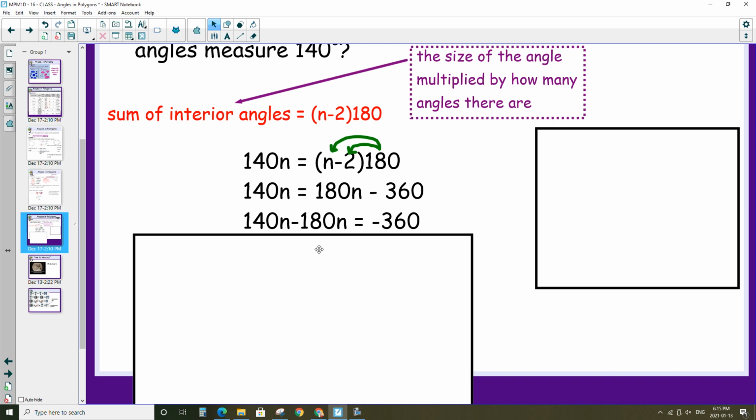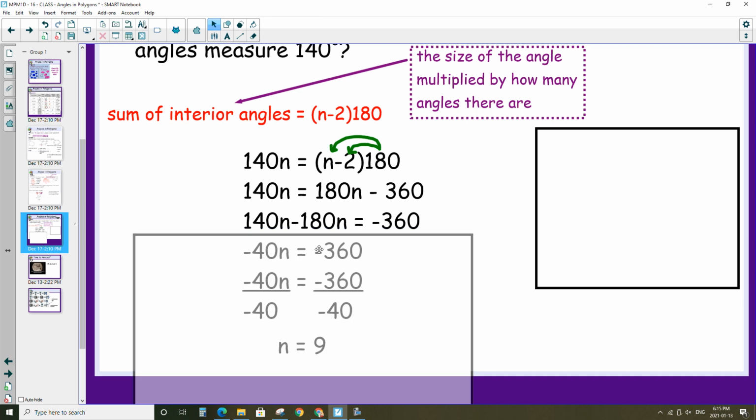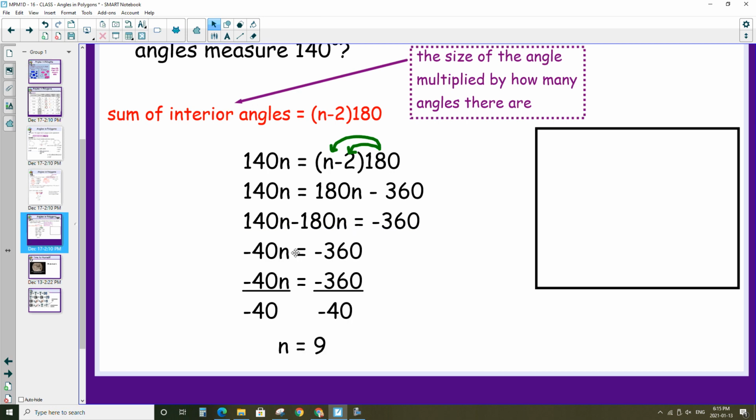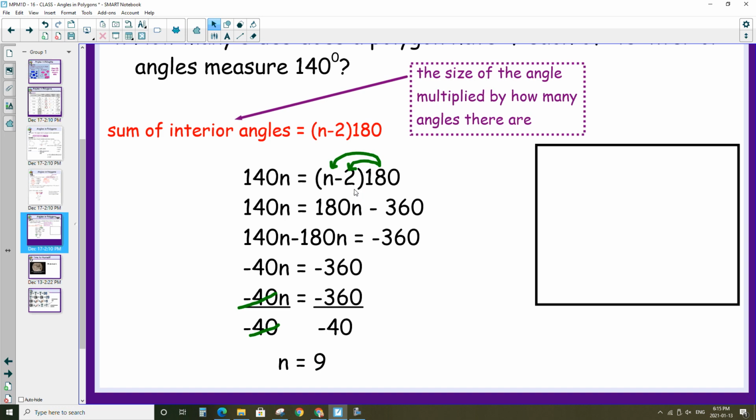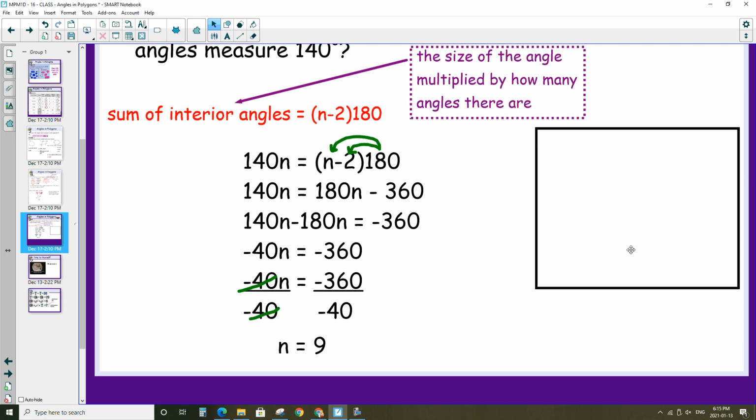So 140n minus 180n is -40n equals -360, and then divide both sides by what is in front of the n, which is -40 in this case. On the left-hand side, they're going to cancel. And we're left with n equals 9. So a figure whose interior angles are 140 degrees each needs to have 9 sides.